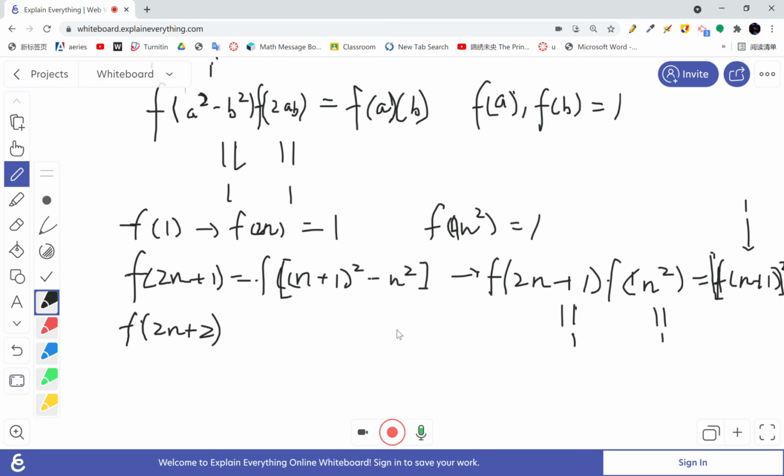I cannot really make it n plus 1 squared minus, is equal to f of 2 times n plus 1. Like if we know f of 8, right, we know that from f of 1 to f of 8 and f of 16.